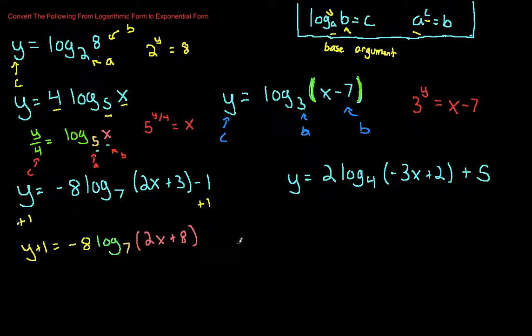The reason I'm using the colors here is to help you see where the base is and where the argument is. My base is this 7 value, and my argument is 2x plus 3, because we're not changing the problem. Next, I still have to get rid of this negative 8, so I divide both sides of this equation by negative 8.